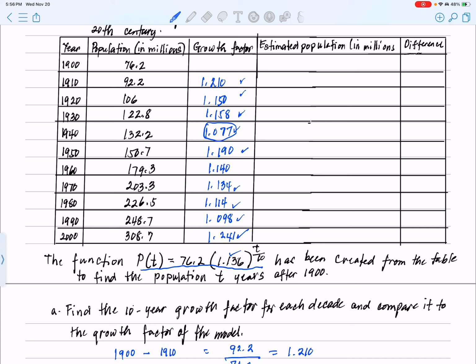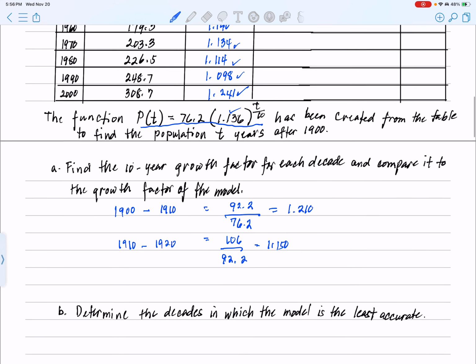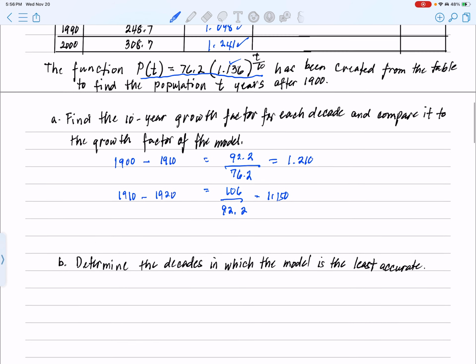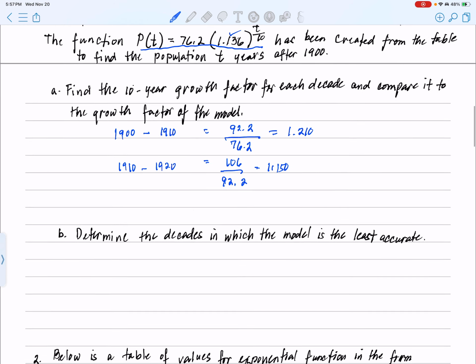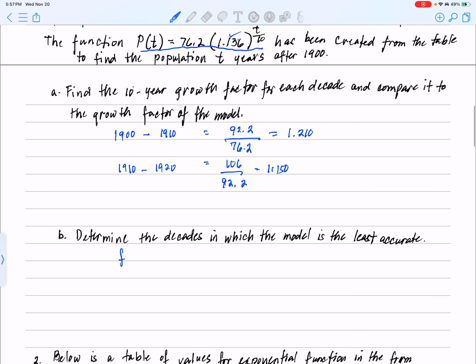Okay, let's go to letter B. Determine the decades in which the model is least accurate. So we will use the given function, which is f of x equals 76.2 times 1.136 to the power of t over 10.